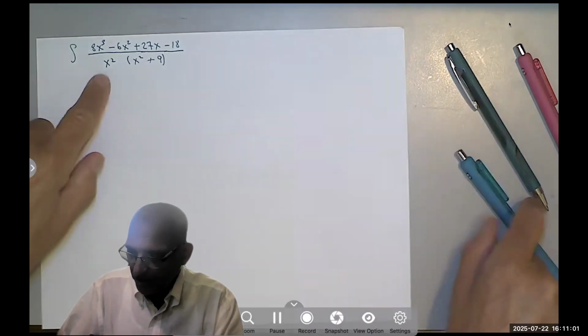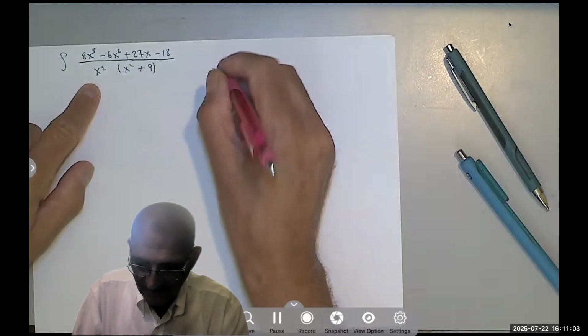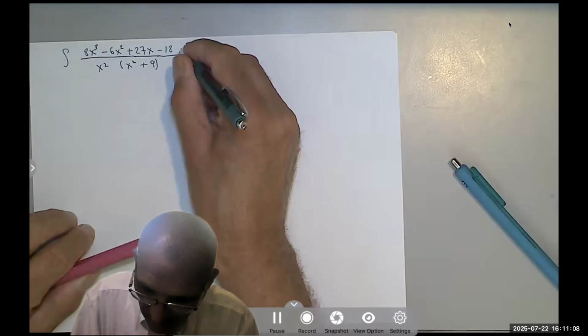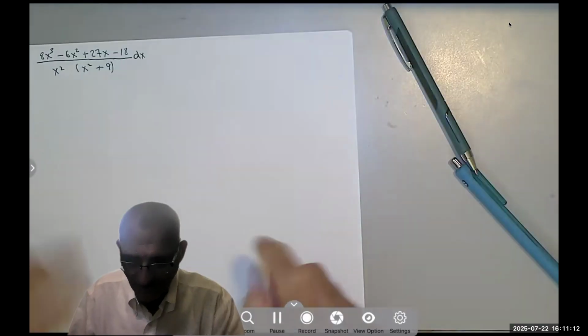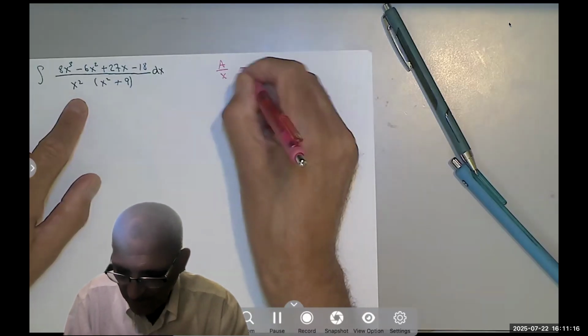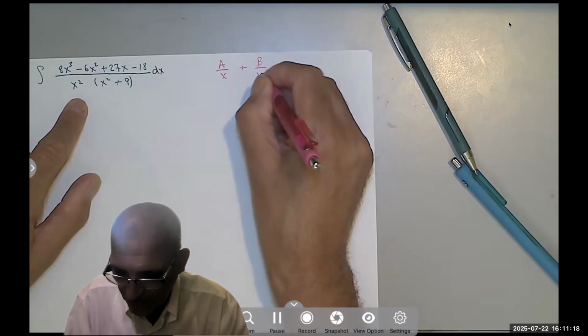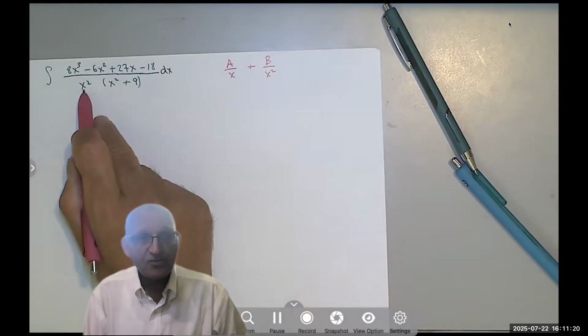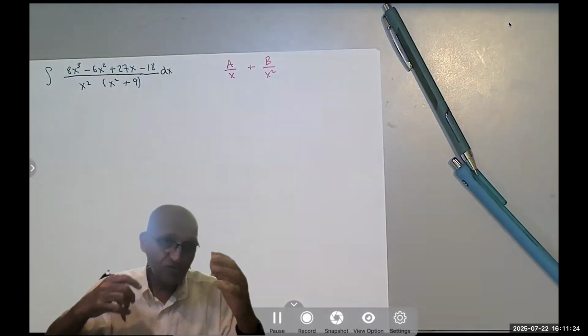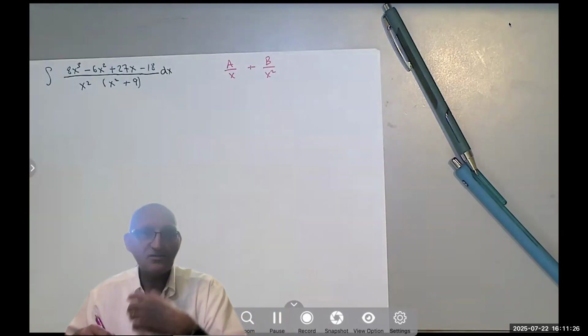So now I know that I can take this dx. I'm just going to take this fraction here and write it as a over x plus b over x squared. Notice if I have x squared, I will take one constant over x and one constant over x squared.